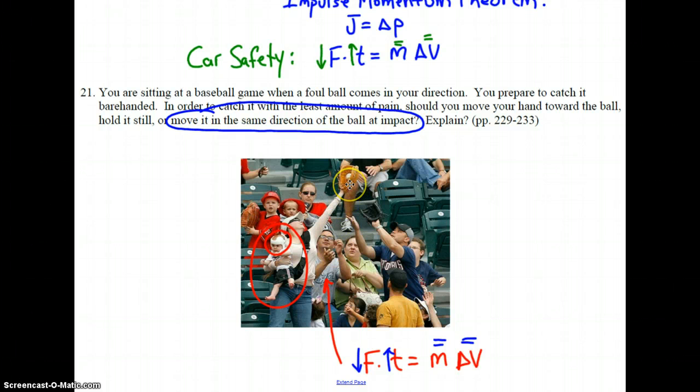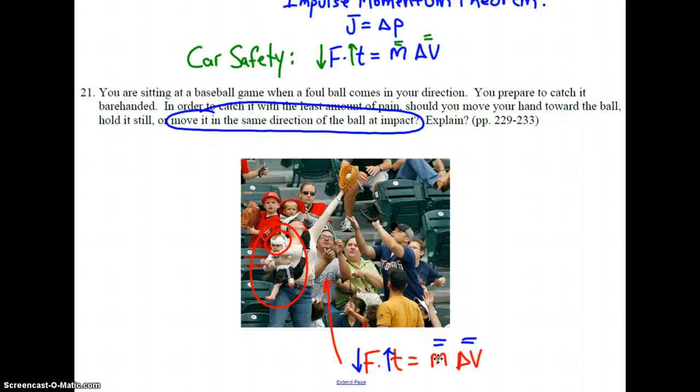The mass of the ball is not going to change, nor is the mass of their hand, hopefully. No parts removed. So, no matter which person catches the ball here, all three have the ball undergo the same change in velocity. That is, it's going from some speed at impact to rest, and the mass of their hand is not going to change.